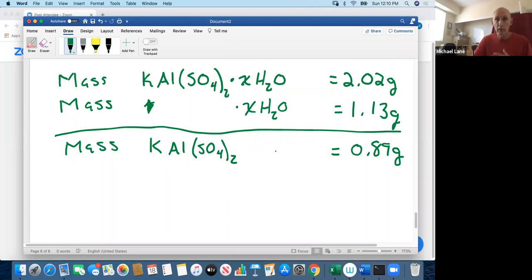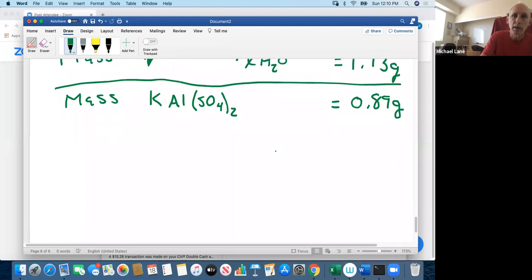So at this point, this should look a lot like the empirical formula calculations you've done for combustion analysis. And I want to convert the masses to moles.